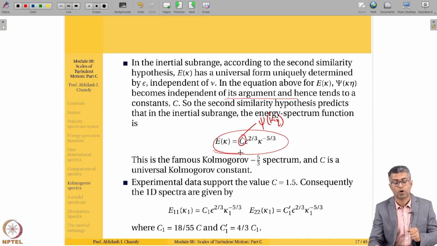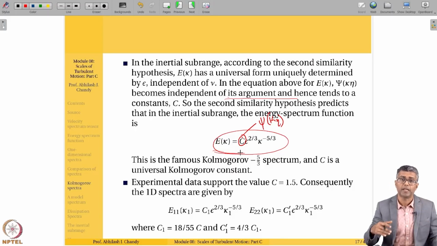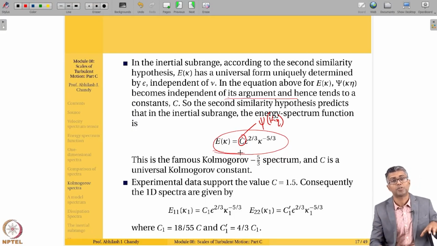It's a universal Kolmogorov constant, because remember, when we wrote the energy spectrum function, we wrote it in terms of psi of kappa eta, and we did say that this would be a universal function. Turns out that is going to be a constant because your dependency on epsilon is already there in the energy spectrum function. Obviously, kappa is there, but other than that, epsilon is the only dependency you have.